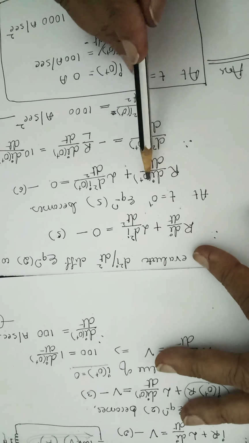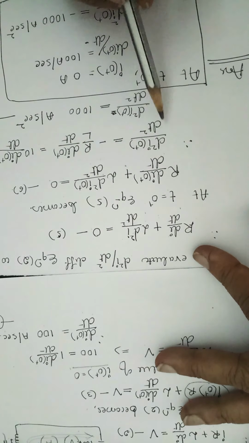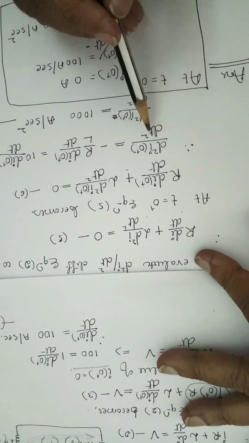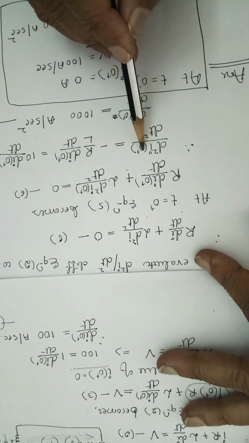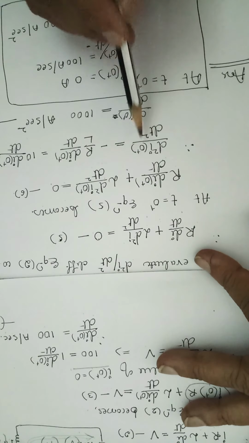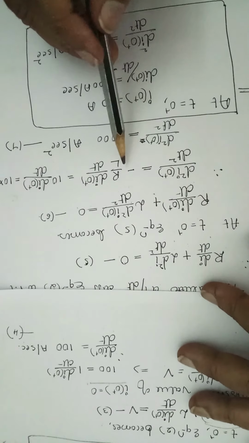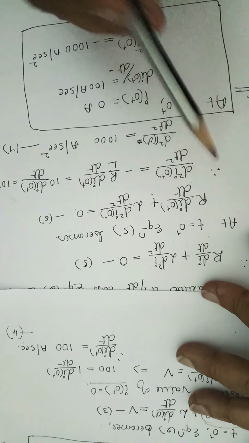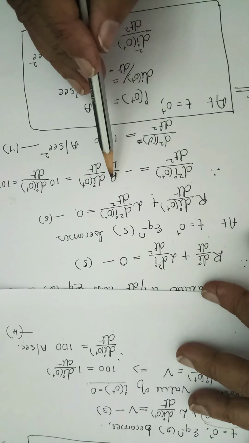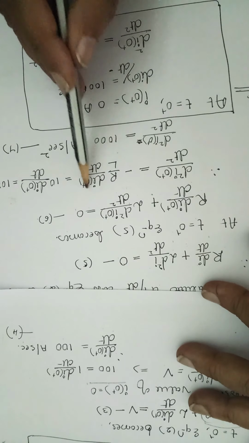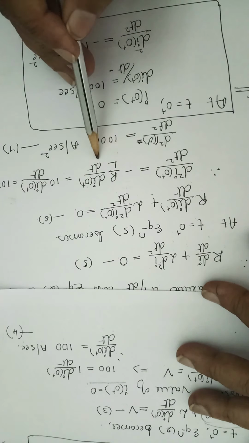Substitute the value of di/dt from the previous analysis. Thus, d²i(0 plus)/dt² is equal to minus R by L di(0 plus)/dt.